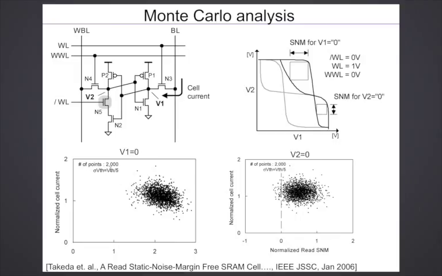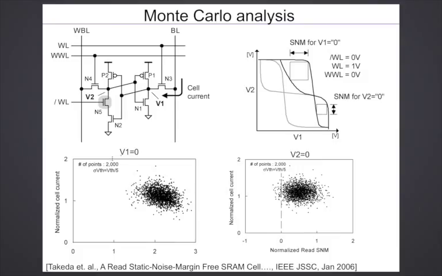I assume a Gaussian distribution for each threshold voltage of each transistor, and that standard deviation sigma they have assumed to be VTH by 5. So you draw samples from these distributions for all the 7 transistors, then you do the DC transfer curve analysis, then you extract the size of the squares and look at the smaller one.